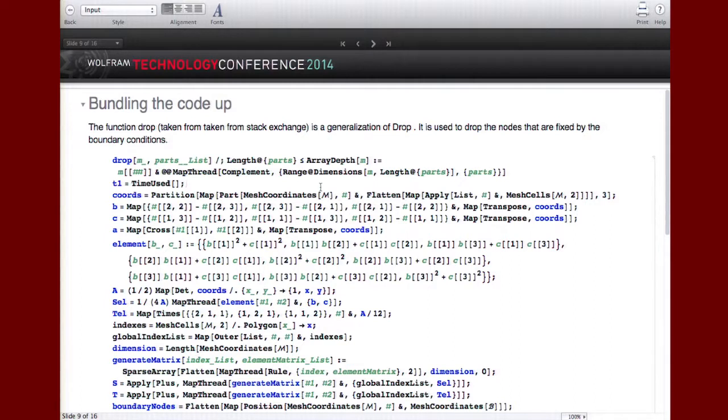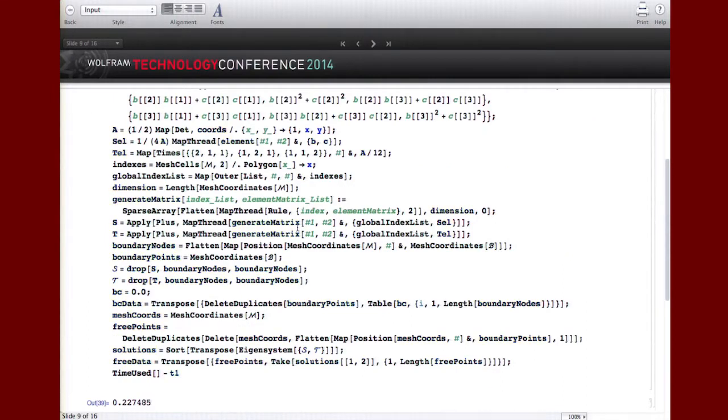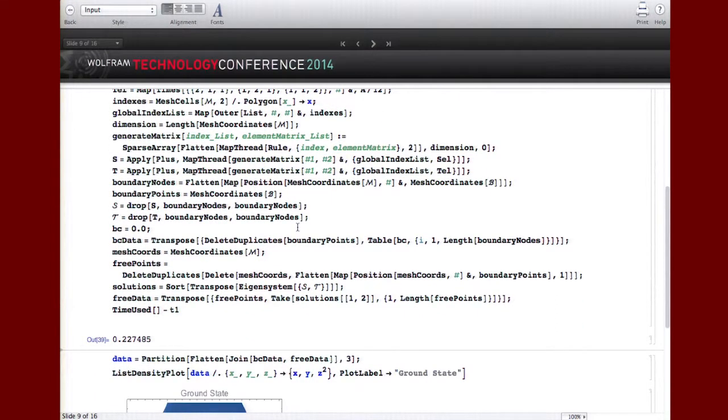This is an old and slow machine, but even on this old slow machine, for the mesh you saw, this took 0.2 seconds, so it's really quite fast.